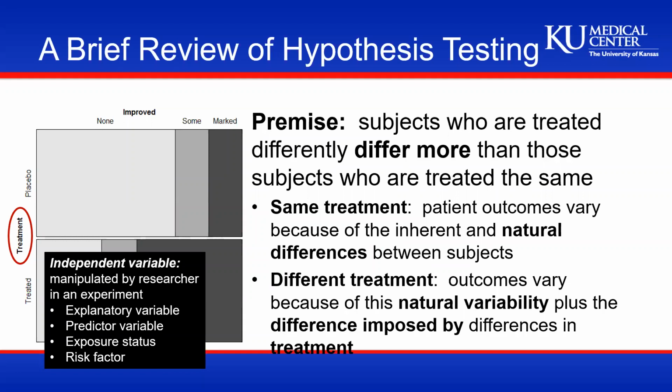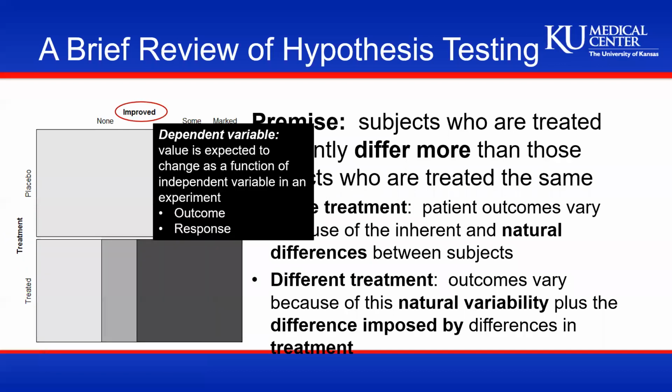You might hear an independent variable called an explanatory variable, a predictor variable, an exposure, or a risk factor. Those are usually hypothesized explanations for outcomes that you see. And the dependent variable is the outcome. That's the value that we expect to change as a function of changes in the independent variable.